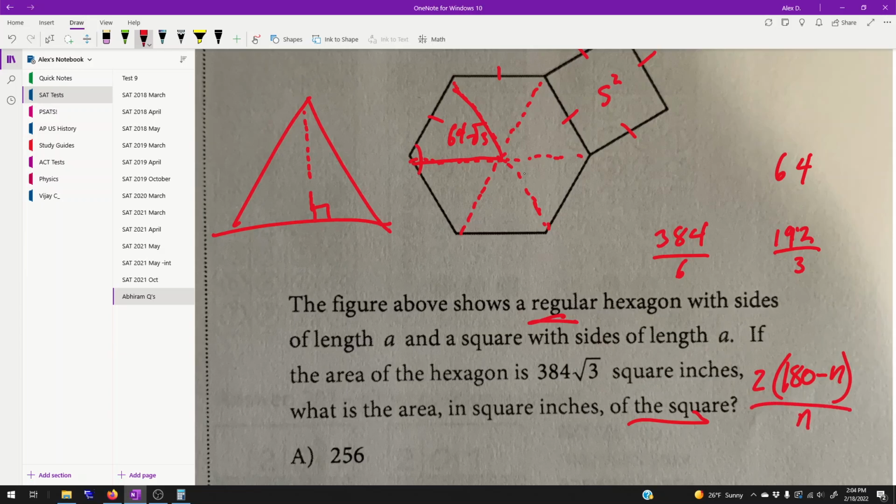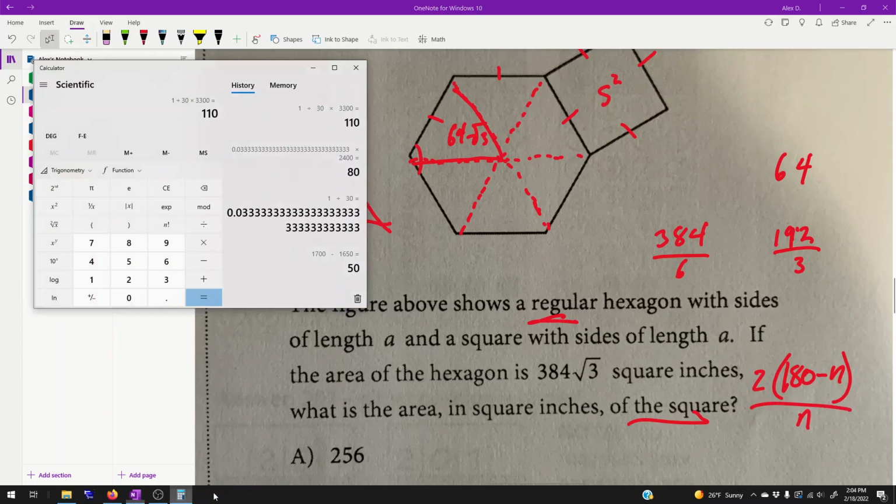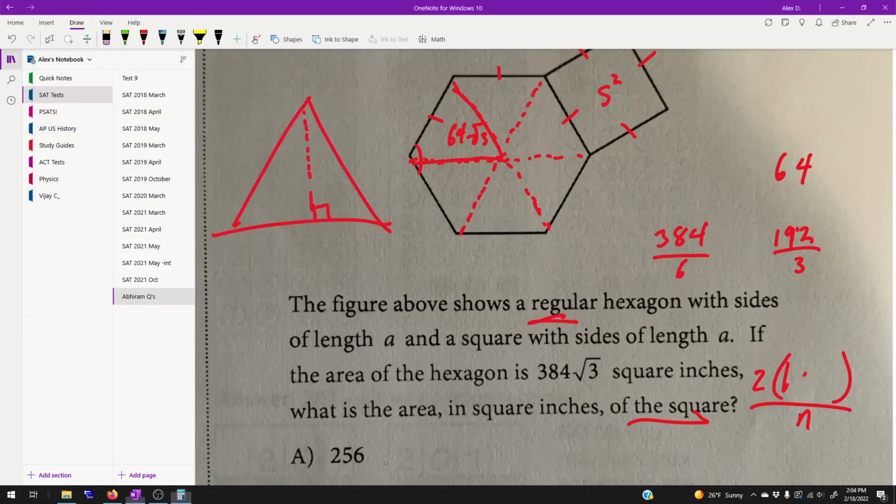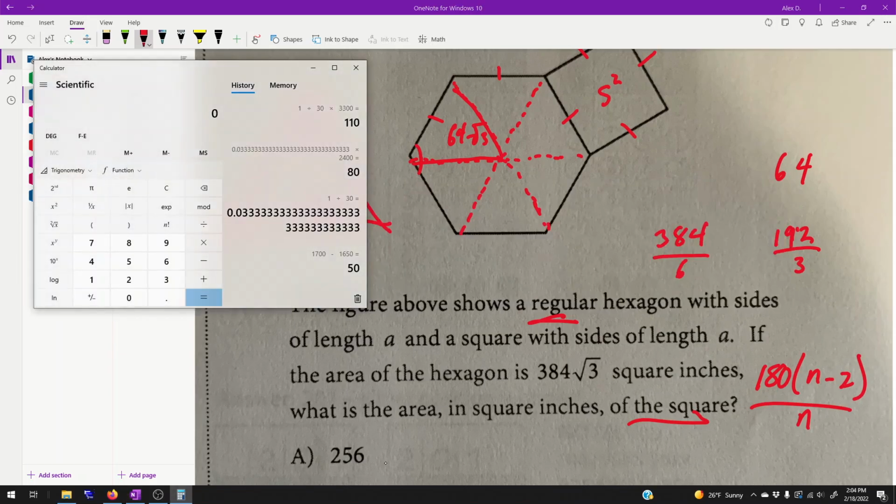You divide that by the number of sides, and that gives you the degree measure on each angle. Sorry, that is totally wrong. It's 180 times n minus 2. There we go. Had that all mixed up.